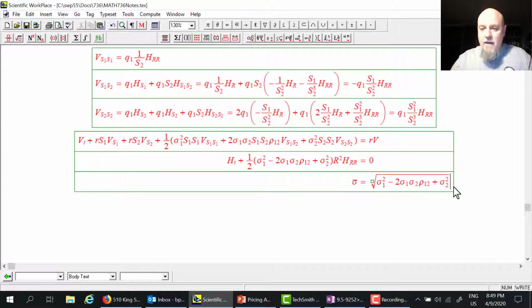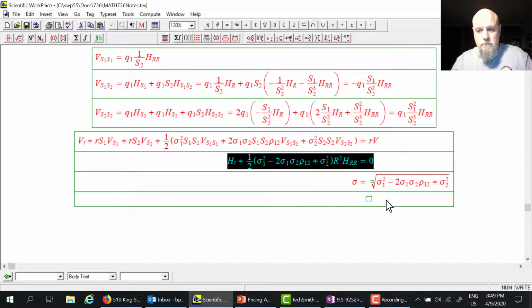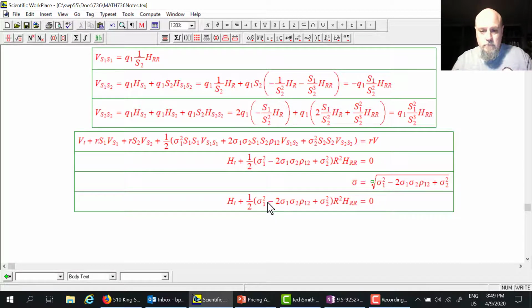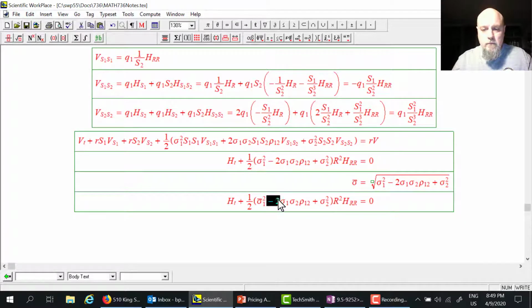If I do that, then my equation becomes very much simpler. And this we can solve. This we already have the solution to.